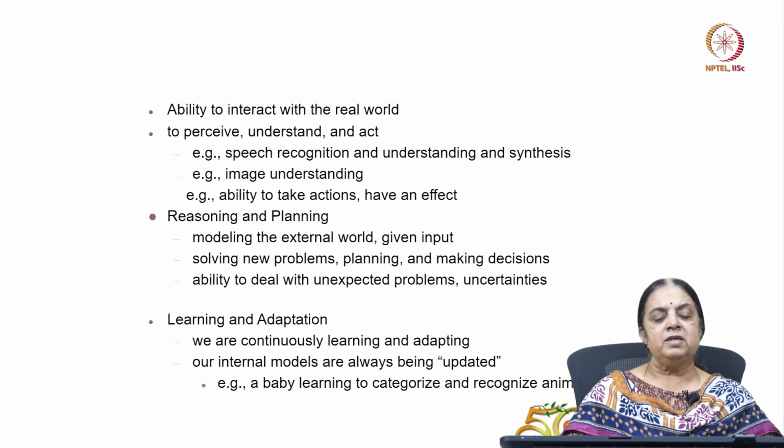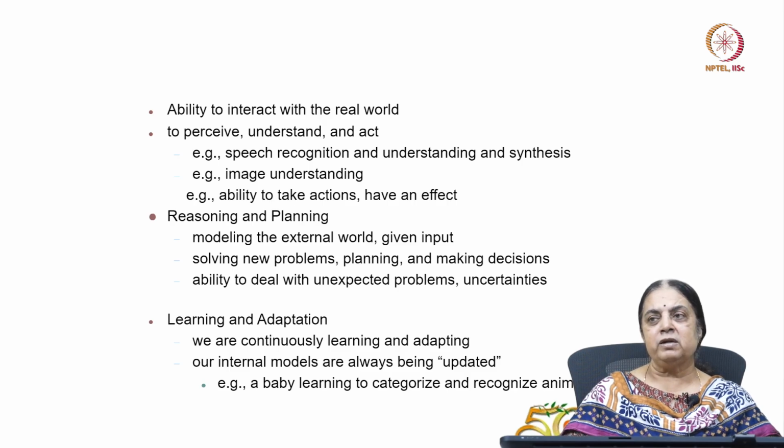So what is it that you require in the case of learning or intelligence? If you want to act in an intelligent way, what are the different characteristics that should be there in your AI system? It should be able to interact with the real world.